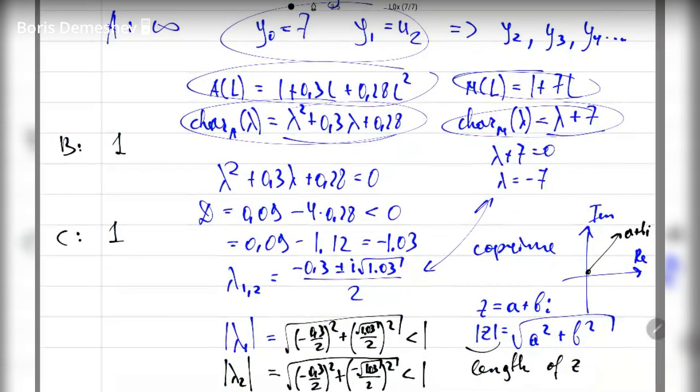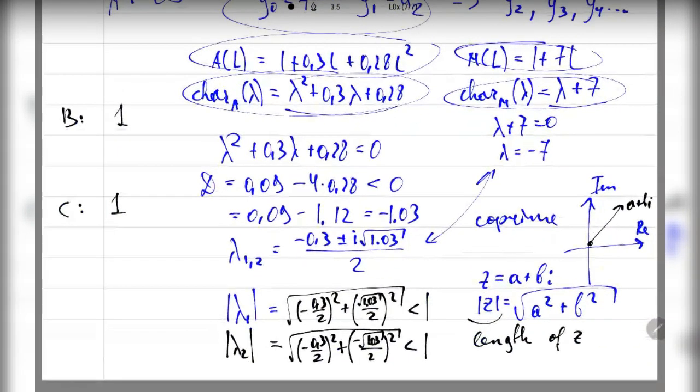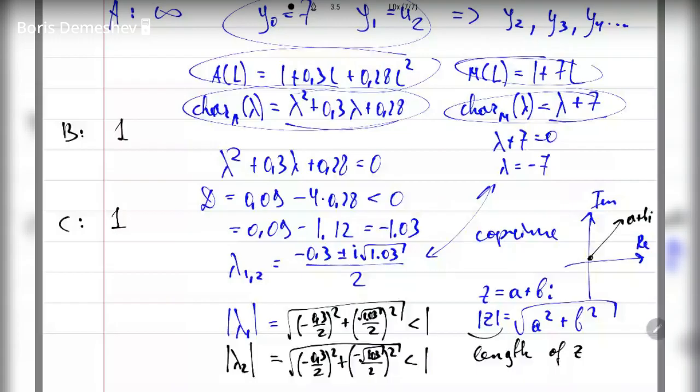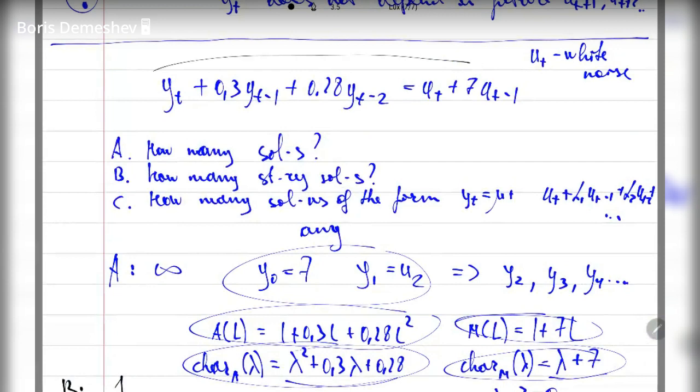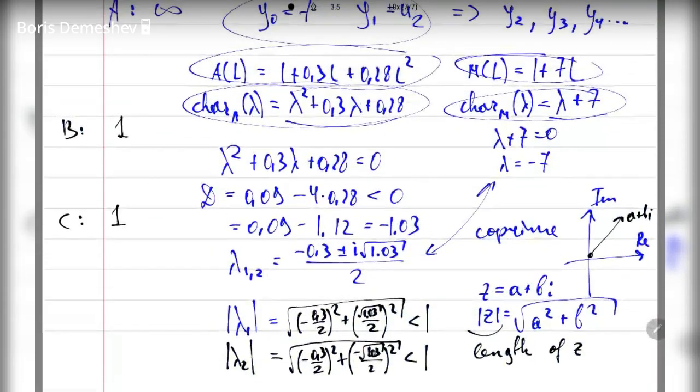So we have infinitely many solutions, one stationary solution, and this stationary solution has a special form that does not look into the future. Yeah, that's a little bit hard to write explicitly, but we can if we wish. Okay, that's fine.